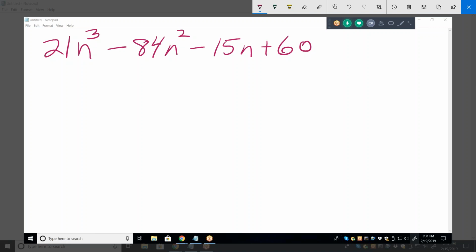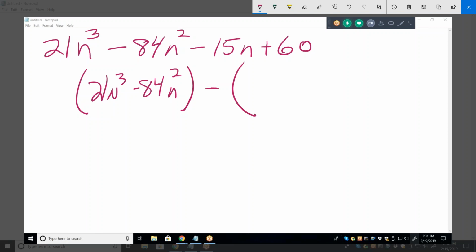Now, does it still meet the requirements for grouping? Yes. Okay. So what's the next line with parentheses? Well, it would be 21n cubed minus 84n squared, and then minus 15, or parentheses 15n plus 60.